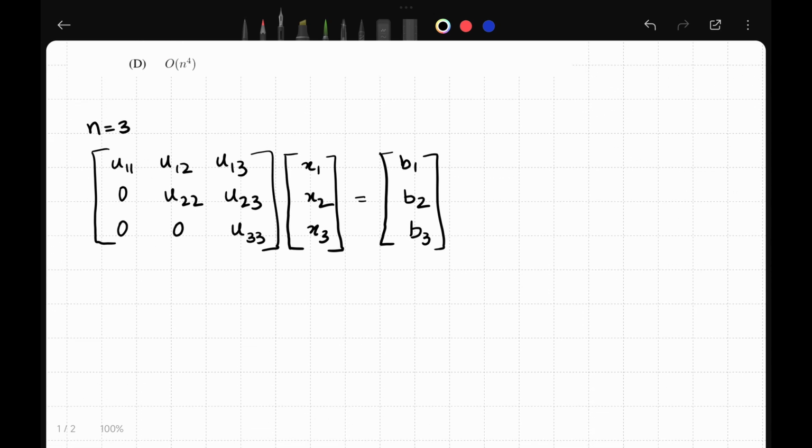Now for us to do back substitution, first we'll consider the third equation. So we get x3 equals b3 divided by u33.